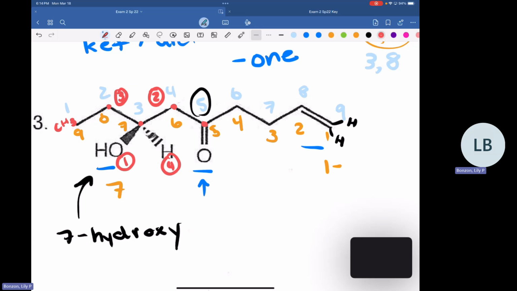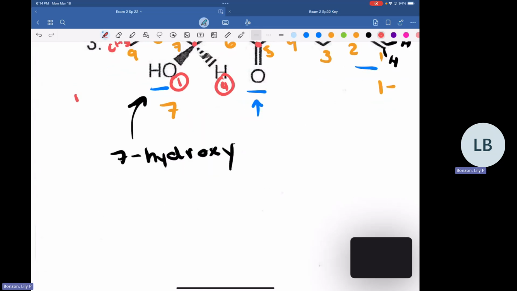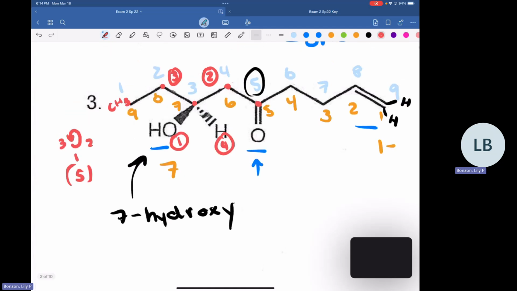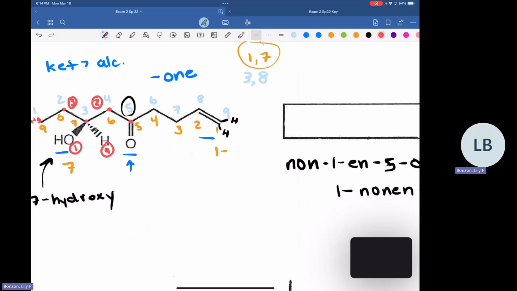And so when we get our numbers, I'm just going to move them out here. We get S for our nomenclature. And the lowest substituent is on the dash, so we don't have to worry about flipping it. So it's just going to be S. And that's all the stereochemistry.